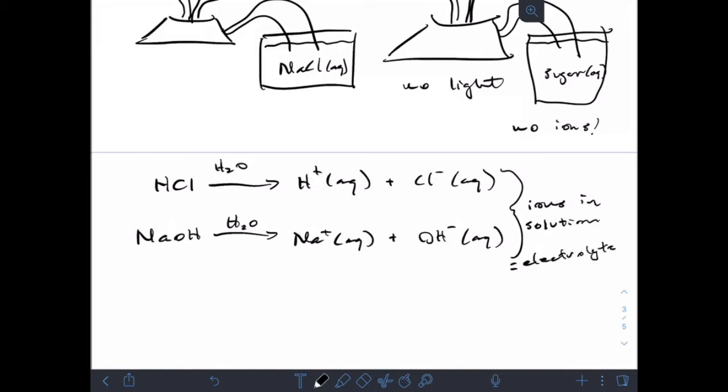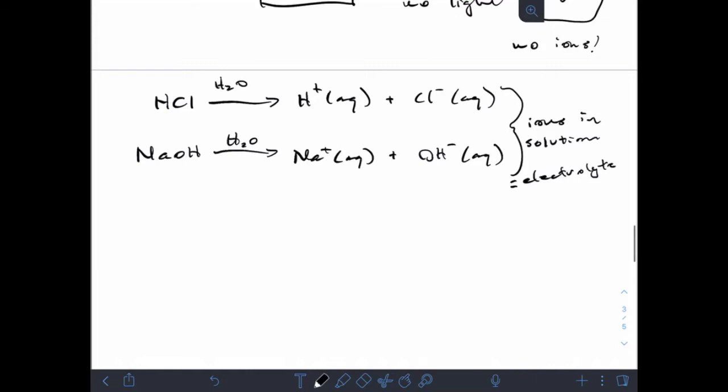Now, some electrolytes are strong electrolytes and some are weak electrolytes. The difference is that strong electrolytes come apart completely.